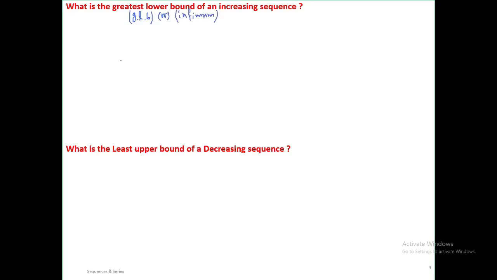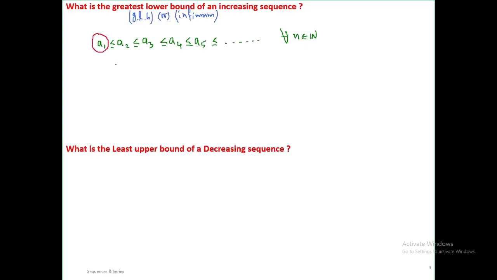Can you guess? So an is an increasing sequence means a1 is less than or equal to a2, because it is an increasing sequence, right? a2 less than or equal to a3, for all n belonging to the natural number set. It has to be true for all. Such a sequence an is said to be an increasing sequence. And what is the greatest lower bound? Obviously the greatest lower bound will be a1. This is the lower bound for all.